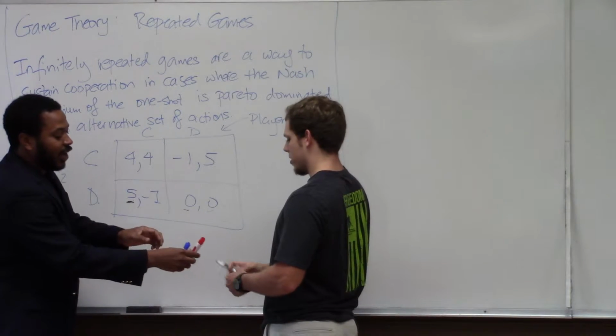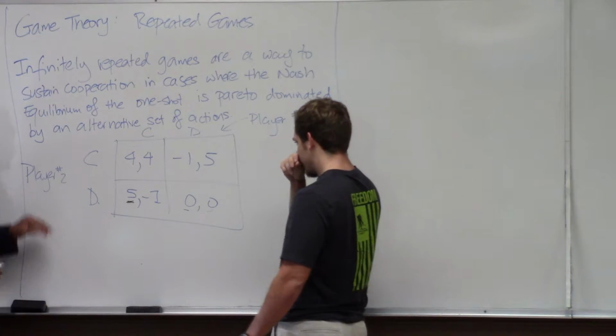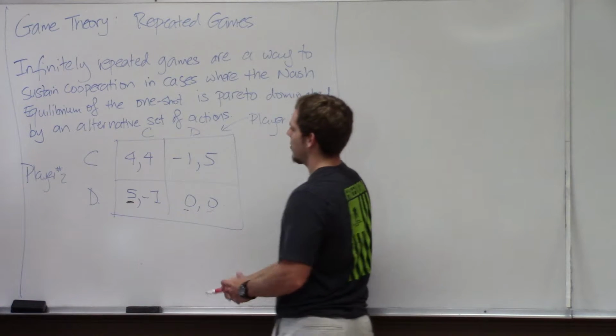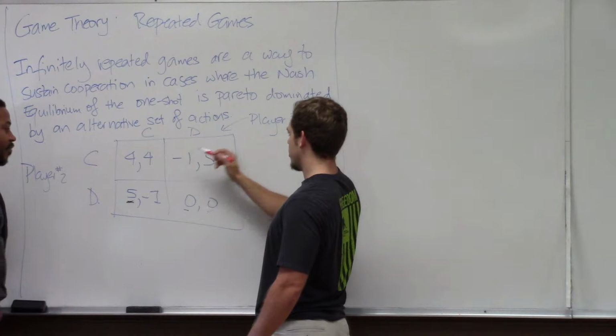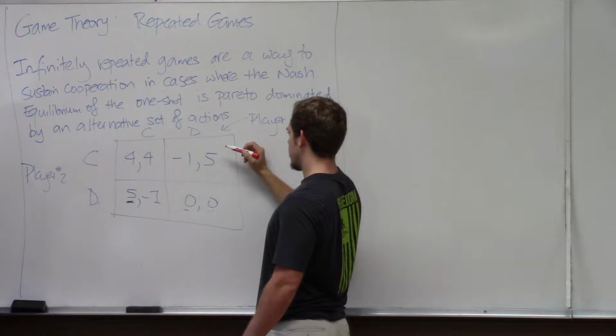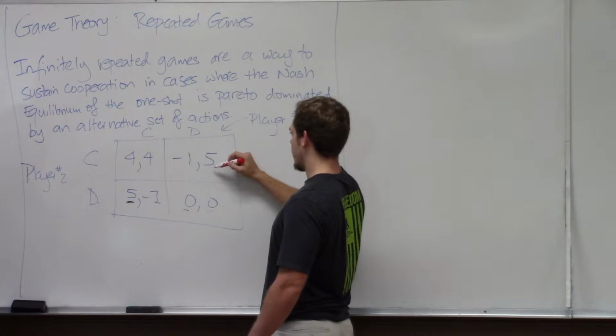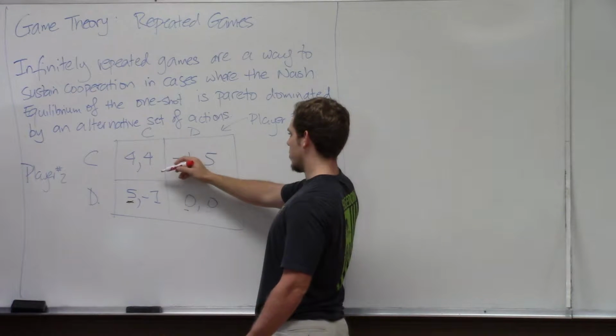Now let's look at the strategy profile from the perspective of player two. If player two decides to cooperate, then player one's best choice is to not cooperate, because they will receive 5 instead of 4.